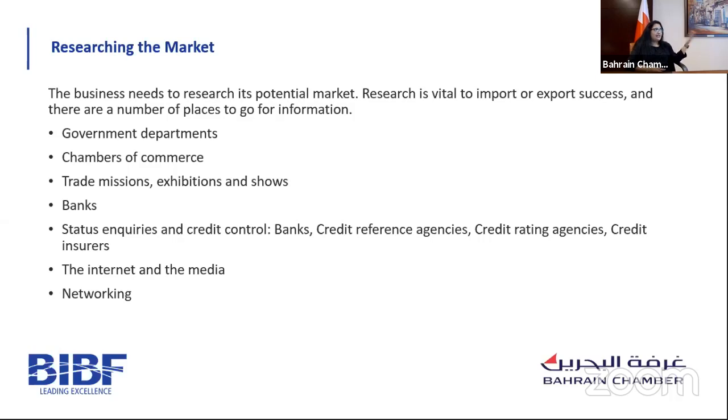For example, palladium or platinum: you want to venture into this market, but you don't have good information. You can approach these reference agencies, who will give you a good report on what has happened previously to the prices of these products and how they expect the prices to change in the future.